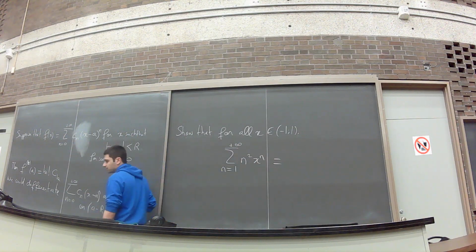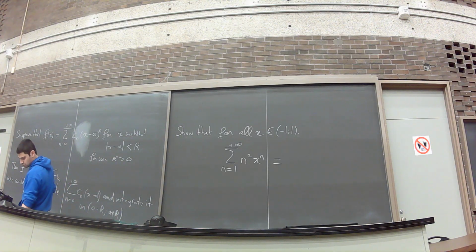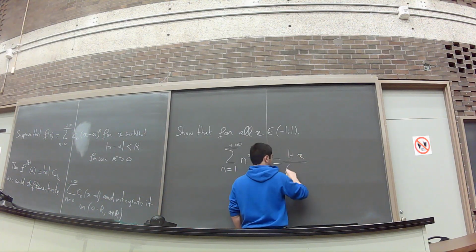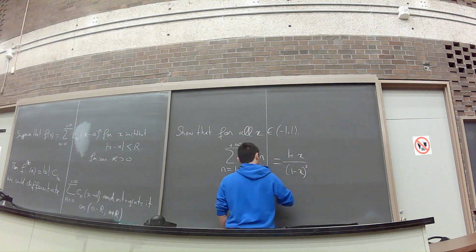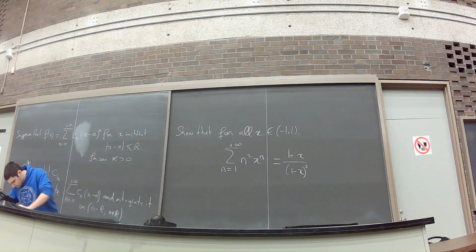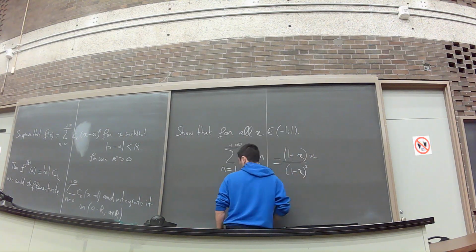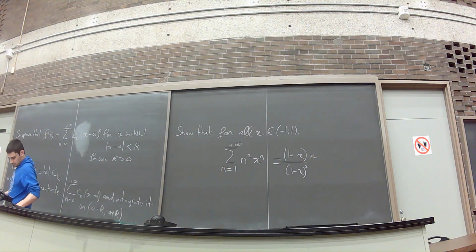Hope I didn't mess this up. 1 plus x over 1 minus x, to the cube, times x, I think. Yeah. Okay? I mean, you can check if I made a mistake.